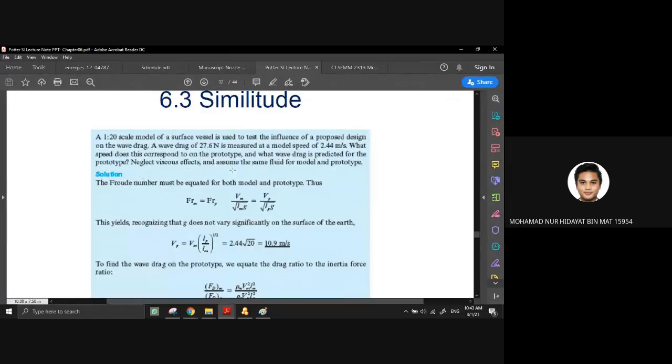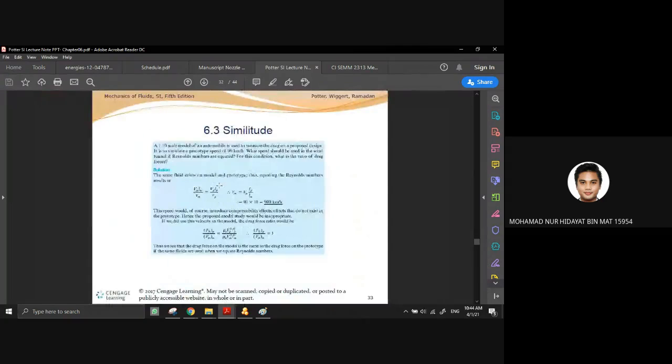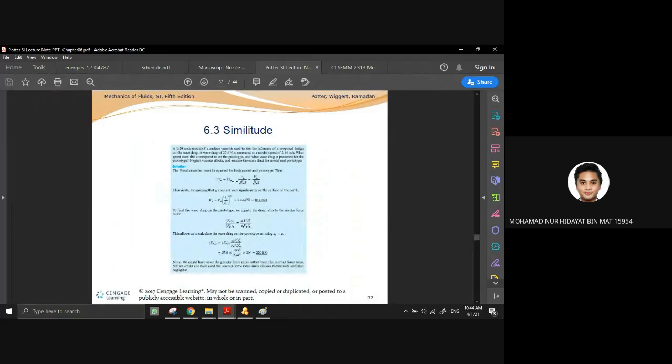Neglect the viscous effect, and assume the model has the same fluid as the prototype. Now you can see the scale model of a surface vessel, so this is at the surface. The dominant effect here is gravity, so you are going to use the Froude number. And lastly, I will explain this in the tutorial, don't worry.